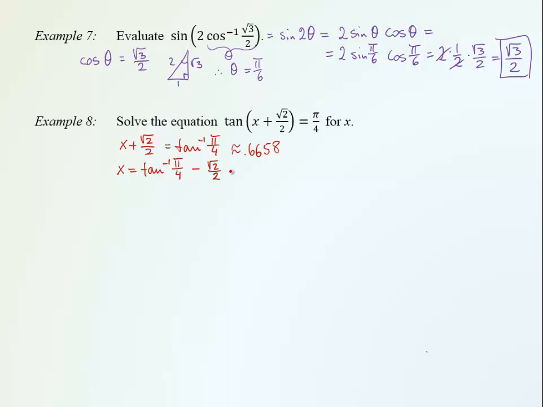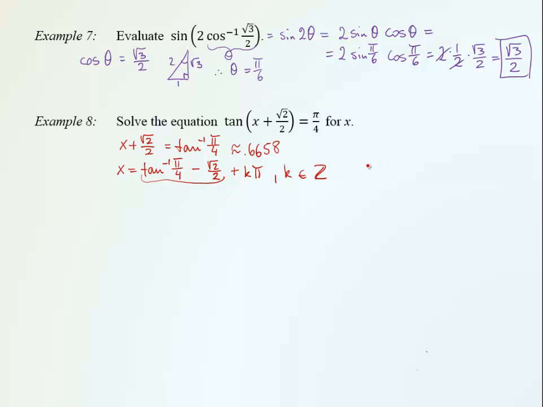So the overall solution will be plus any k pi, where k is an integer. So those are all solutions. The solution in the first period is just this first number, and then you can add any multiple of pi to produce infinitely many solutions to this equation.